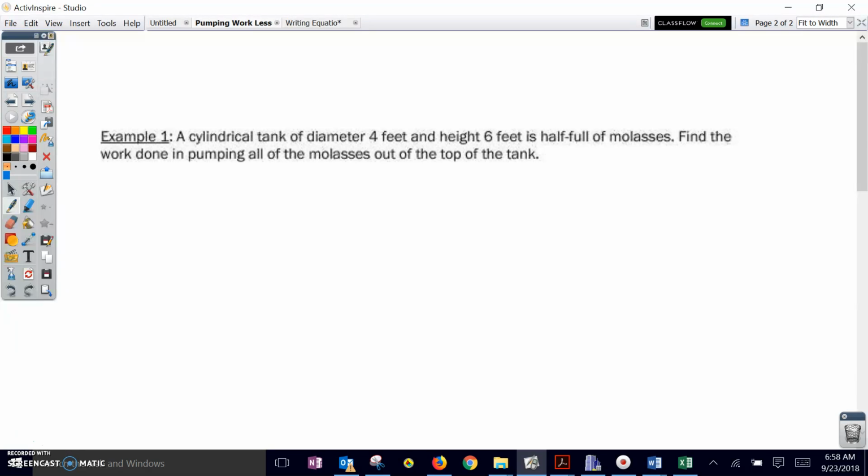Typically myself, I tend to set up my integrals as whatever the weight density of the liquid is, if I could spell density this morning. And then we'll integrate from the bottom of the liquid to the top of the liquid.